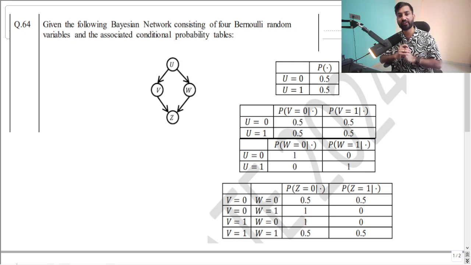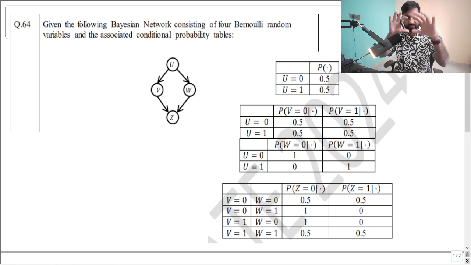They have also given the conditional probability table here. See, probability of E equal to 0 is 0.5, probability of E equal to 1 is 0.5. So your observation must be very clear, and you should not have any sort of fear while solving the question.